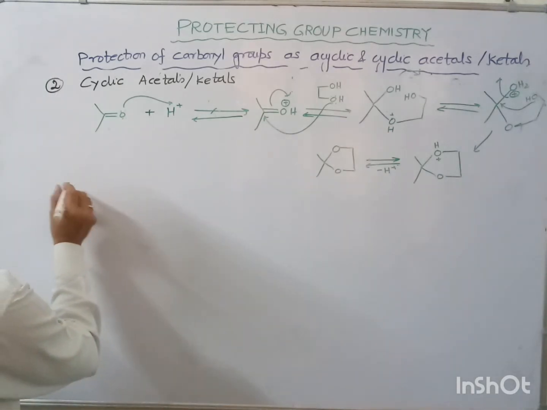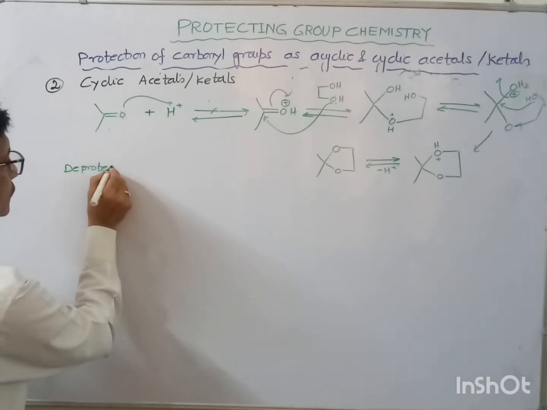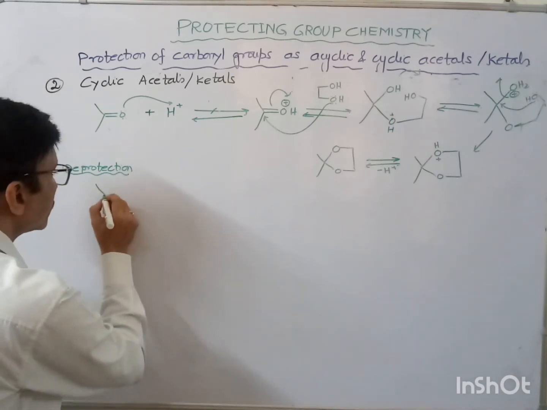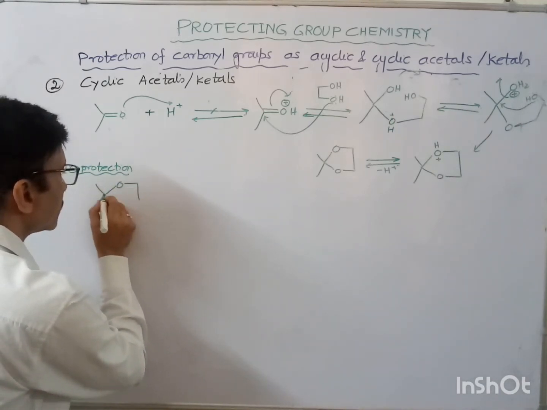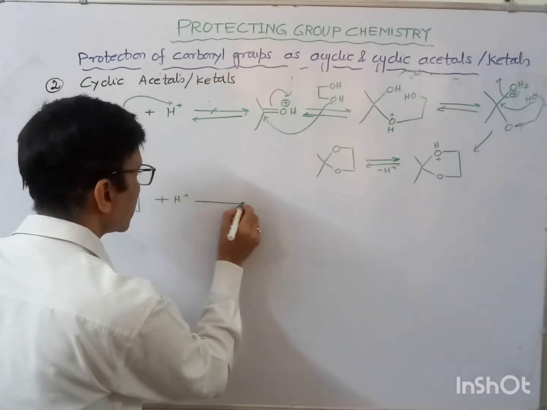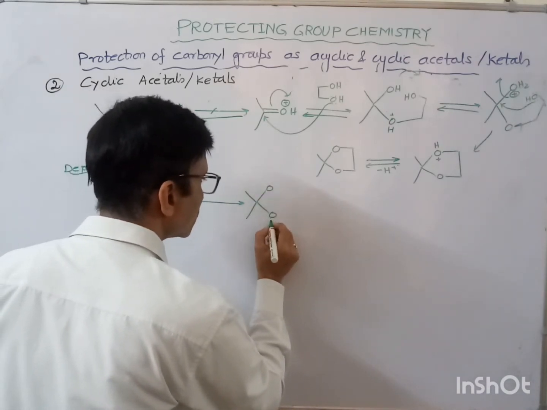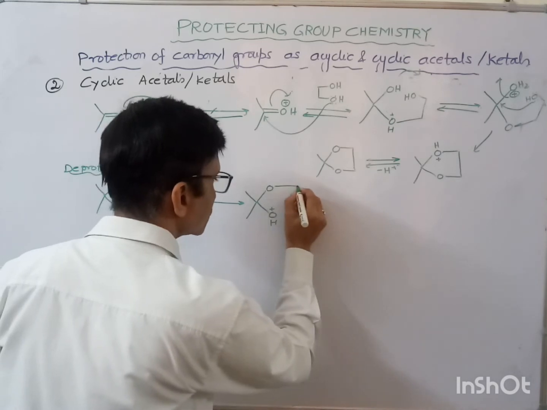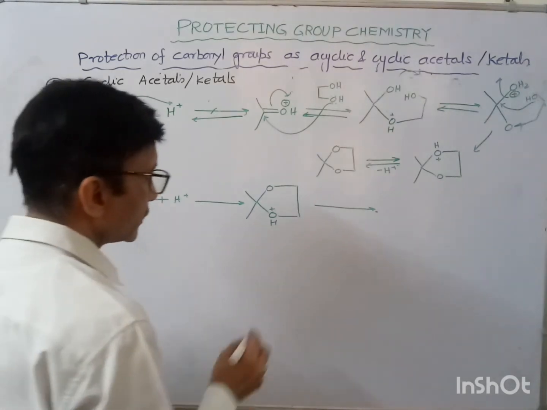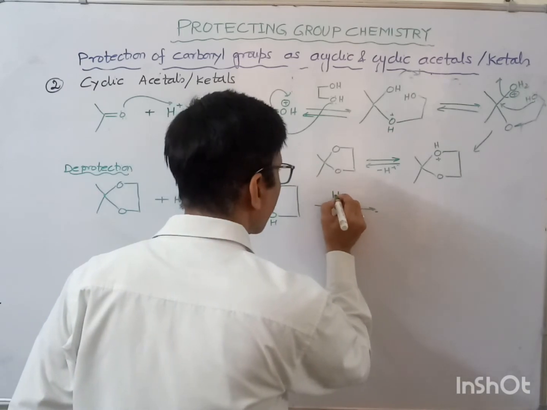Now, if you want to deprotect it, let's see the deprotection. Acid hydrolysis can be done, and we have this oxygen. One of these oxygens is protonated, and now in the next step, this bond will be broken.